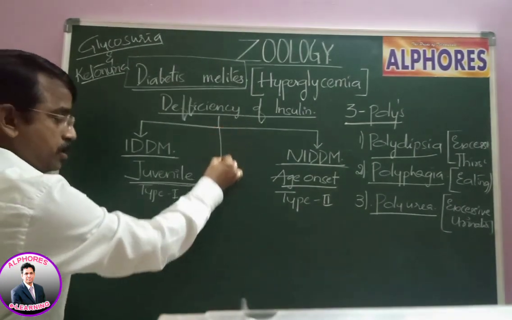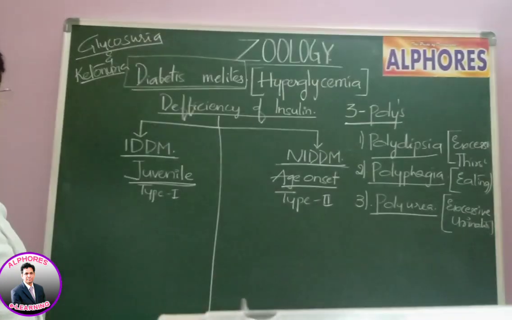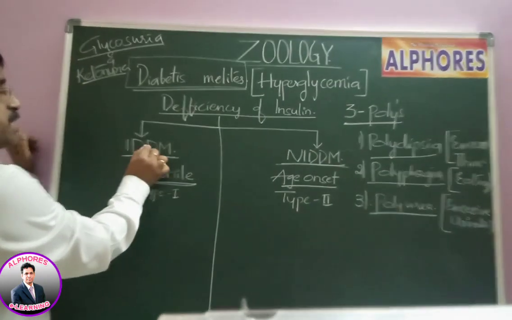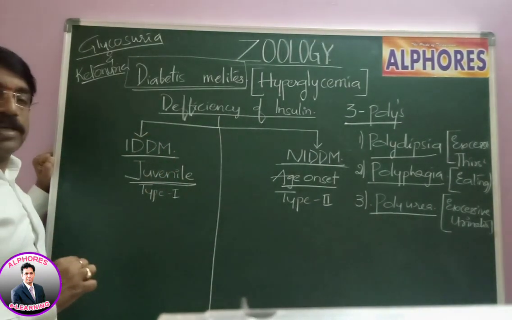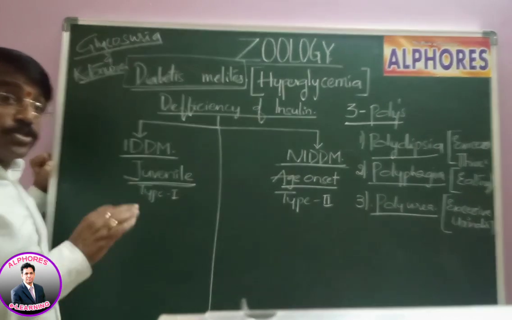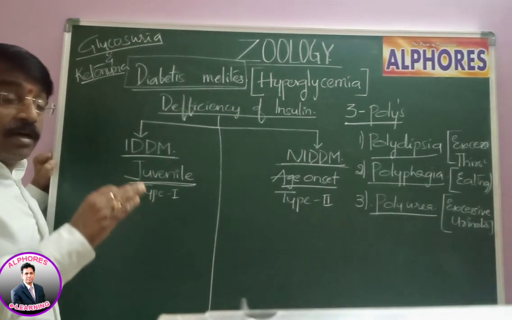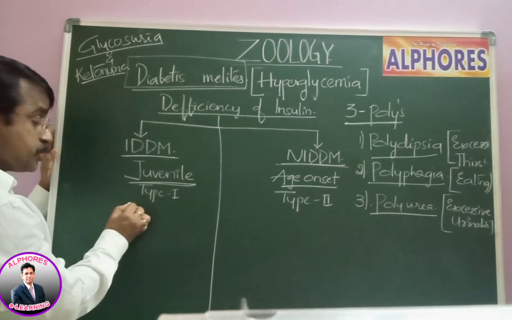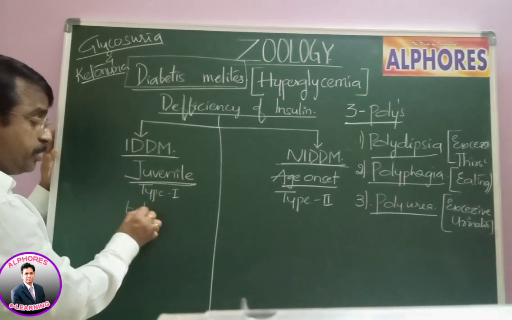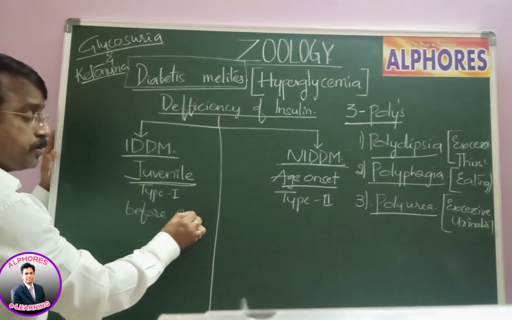Let's see the differences between these two. IDDM takes place from year 0, that is a newborn baby, till 20 years, that is before 20 years of age.